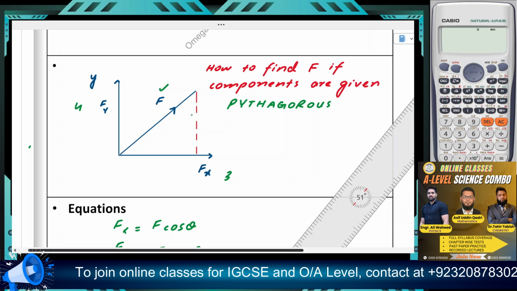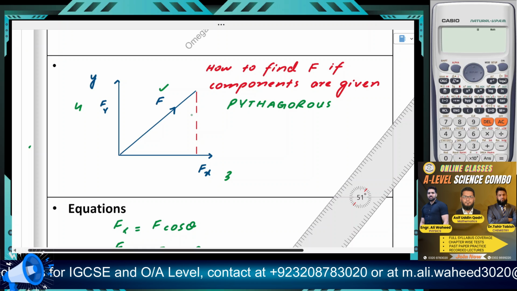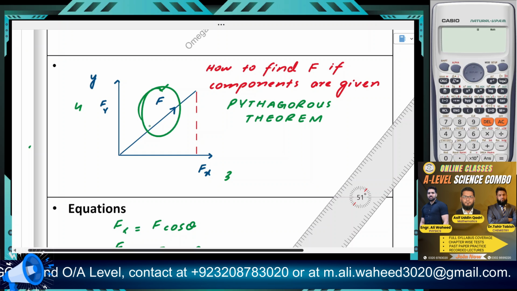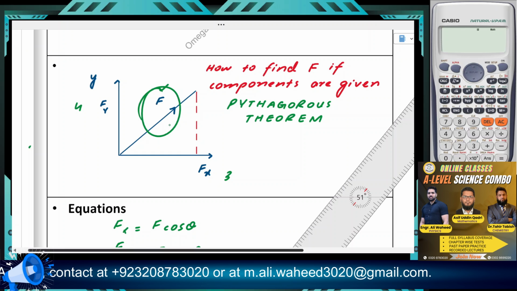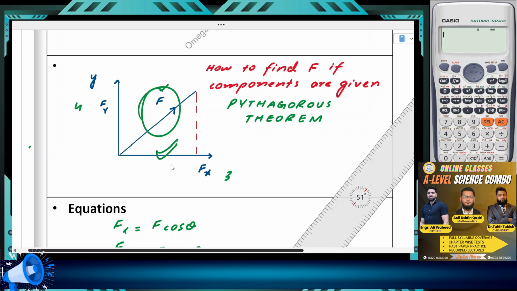We can find it out by using the Pythagoras theorem. So in simple words, this is your hypotenuse, this is your base. The base is given because the value of Fx is given, and the value of Fy is also given. You see this one is just parallel to this, so this is also your Fy.